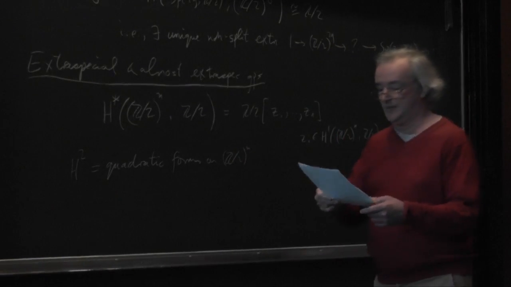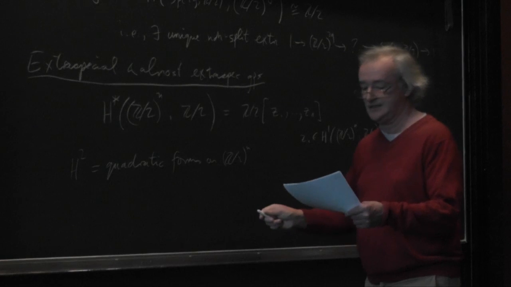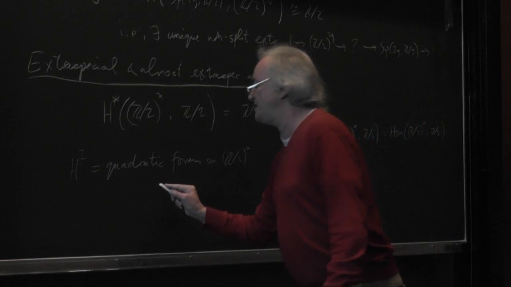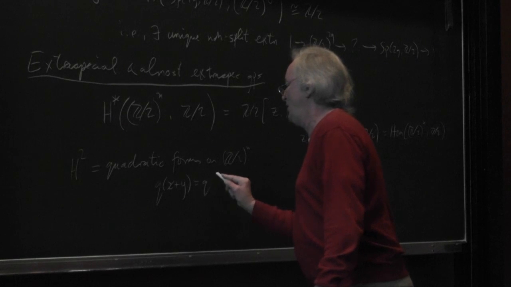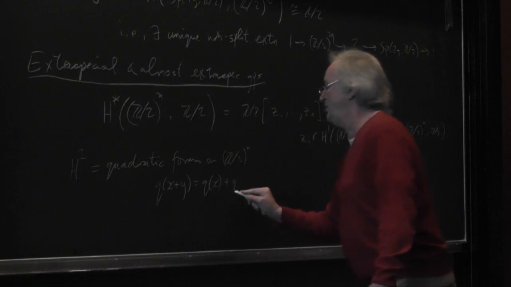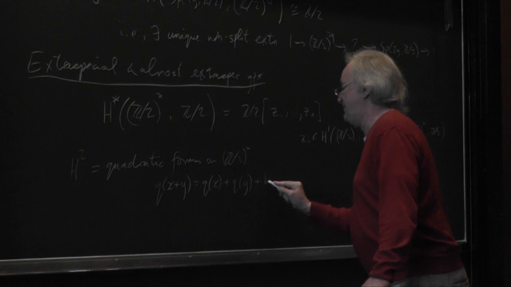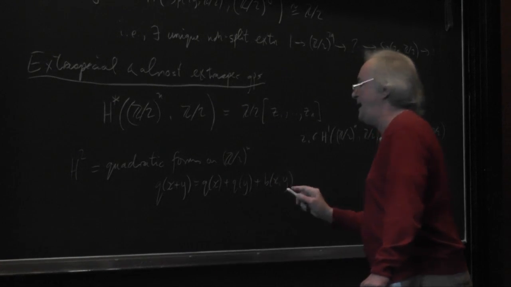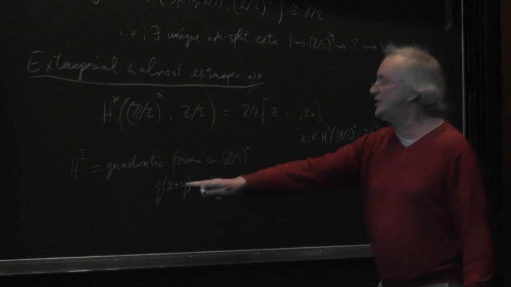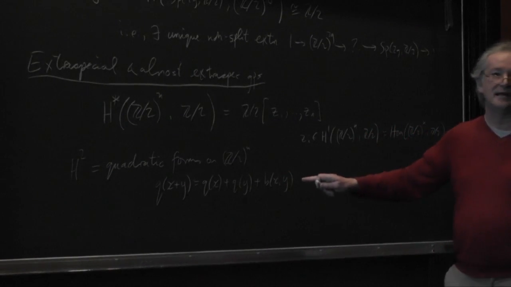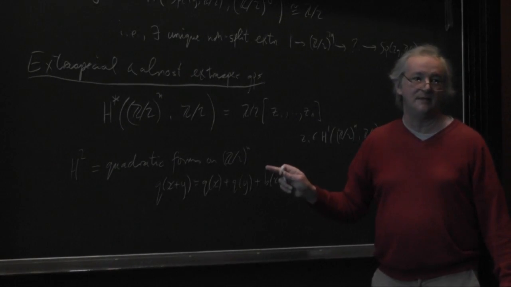And how does that work in terms of group extensions? Well, what does quadratic form mean? It means that Q of x plus y is Q of x plus Q of y plus B of xy, where B is symmetric bilinear. So Q and B tell you the square and commutator map.